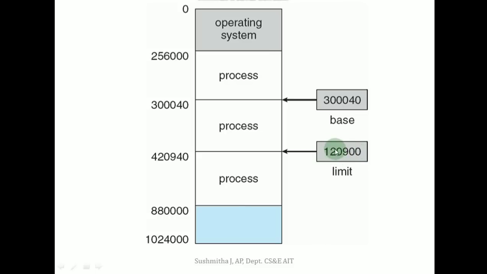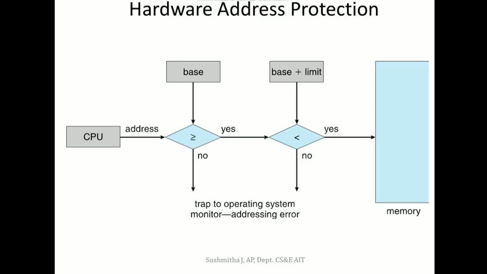So this is the range. When I add my base to the limit, I arrive at the maximum limit the process can use. The process can use only from this to this. This is the range in which the process can be acting, and this is the range that shall be treated legal.